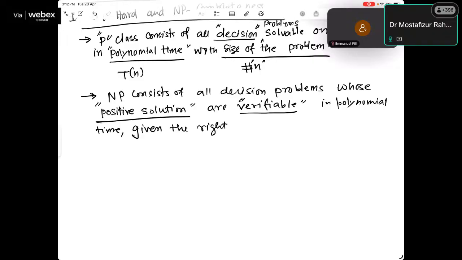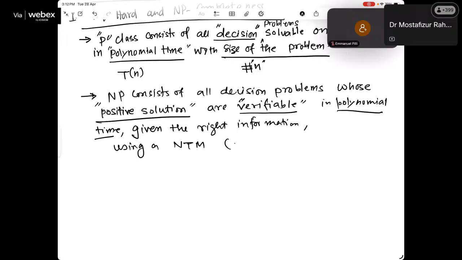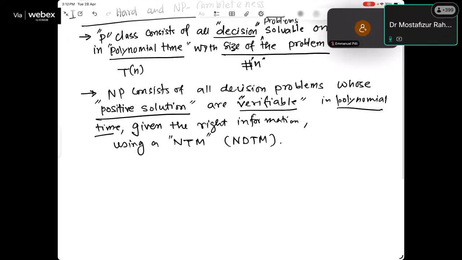If everything about the problem definition is clear, then only this is possible. So it means the solution can be found in polynomial time using a non-deterministic Turing machine. In some textbooks it is written as NDTM, in short NTM.